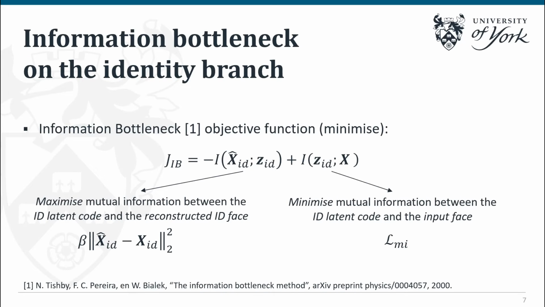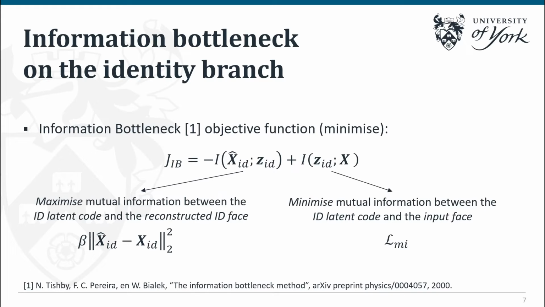On this page, we show the core theoretical idea of this paper. The information bottleneck objective function, firstly proposed by Tishby, has two sub-objectives. The left-hand side one maximizes the mutual information between the identity latent code and the reconstructed identity face. We strengthen this part by multiplying identity reconstruction loss by a scalar that is larger than 1, resulting in higher reconstruction accuracy.